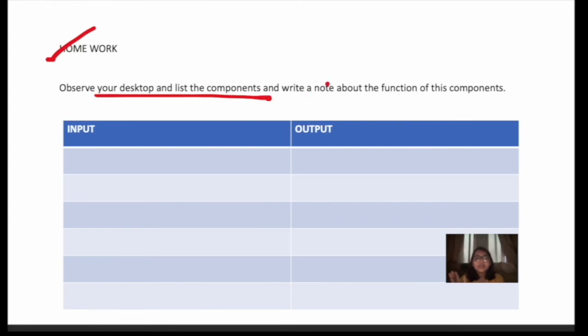Your keyboard is what kind of device, input or output? Yes, it is an input device. So we can mark like this. You have to list your computer components like this, students.